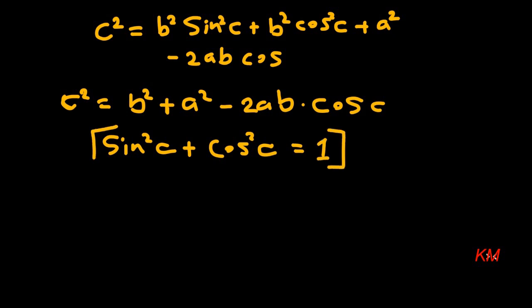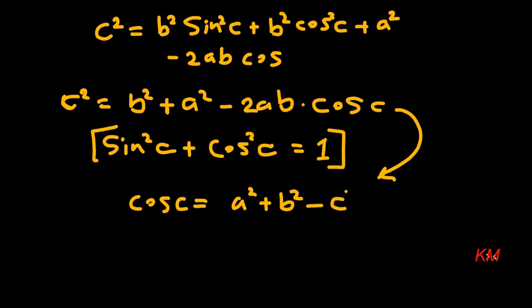That is a theory, and we can simplify the above expressions into cos C equals a square plus b square minus c square, totally divided by 2ab.